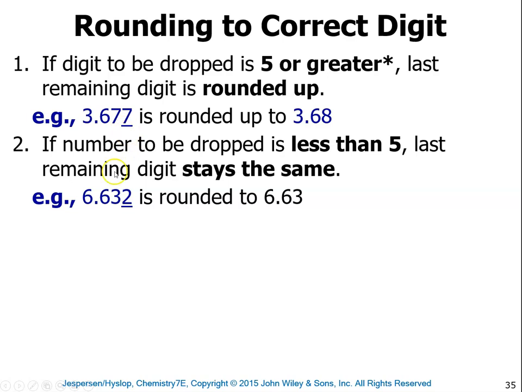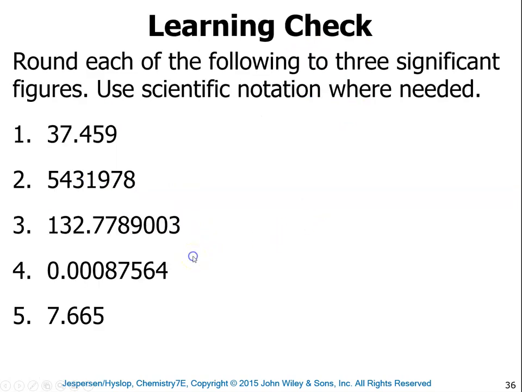So I don't like that rule. It's a little confusing to me, and I haven't used it in the past. So for this class, that's typically the way that we're going to do it, although just to know, some people do it differently. Most of the time, 5 or greater, you go up. Less than 5, you stay the same. That's more typically what I have seen.